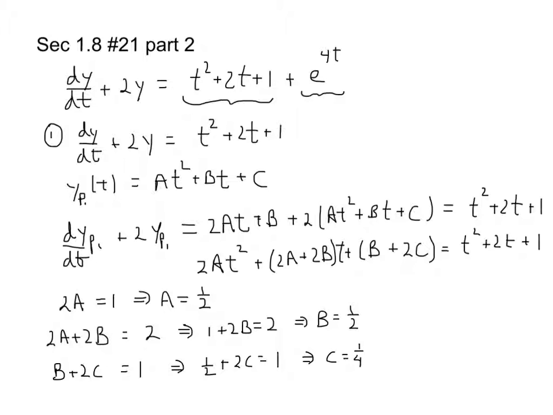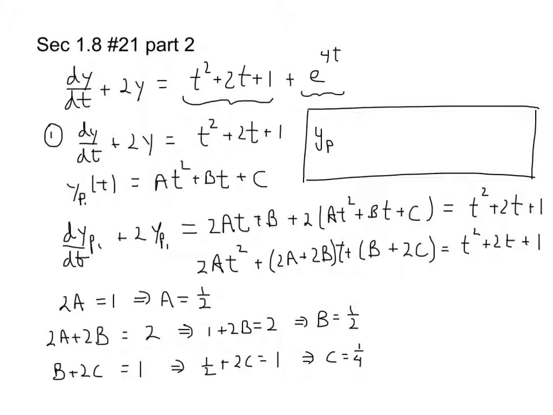And so we leave this slide with our understanding that our particular solution, so I'm going to just put in a box here, that what we found here is that the particular solution that solves this differential equation with right-hand side t squared plus 2t plus 1 is none other than 1/2 t squared plus 1/2 t plus a quarter.